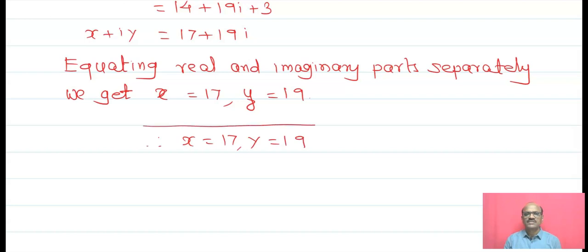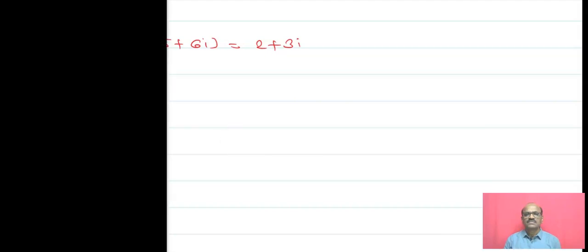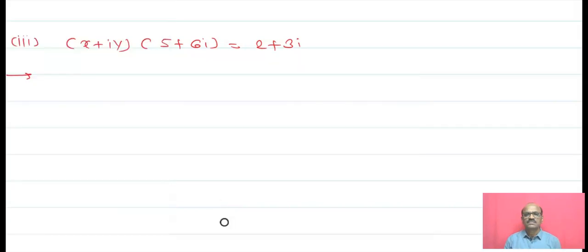Now next is the third part, (x plus iy) into (5 plus 6i) is equal to 2 plus 3i.